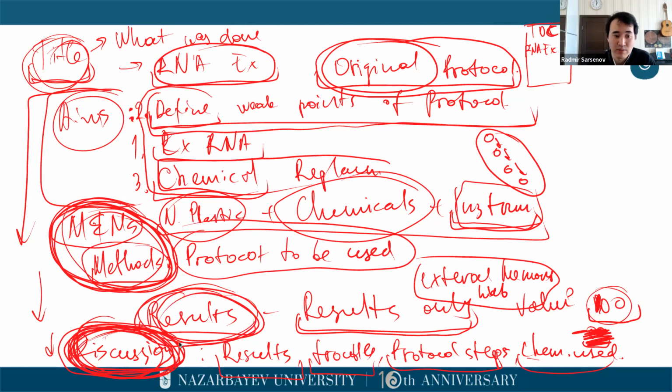That's why please make sure that you have the proper sectioning: titling, aims, definition, materials and methods, results and discussion. What you usually have, we don't ask you to do that, but sometimes you might be asked to show the conclusions part.